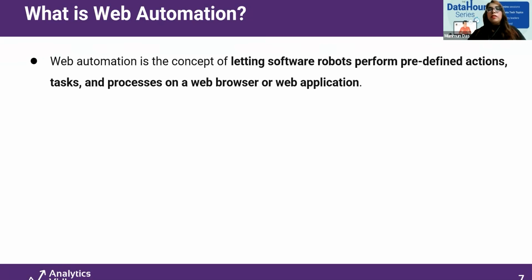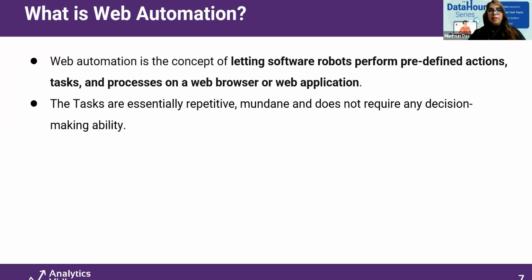So here we are interacting with the website, or any web platform or web form, and we are generating the report. This kind of task, as I already said, is essentially repetitive, mundane, and does not require any decision making ability.